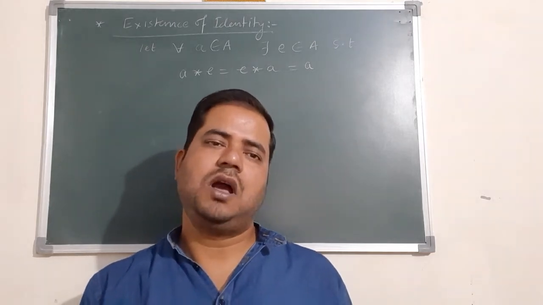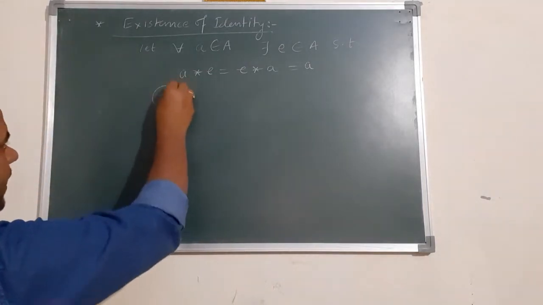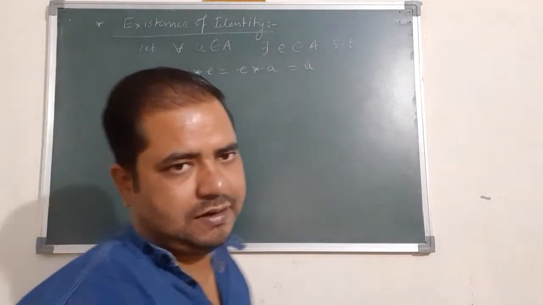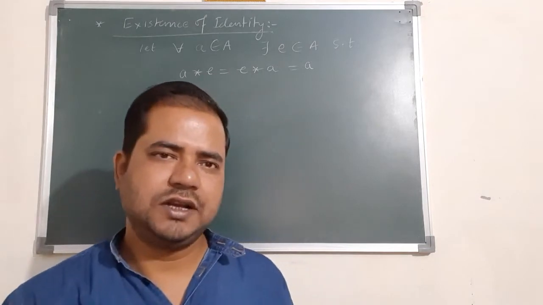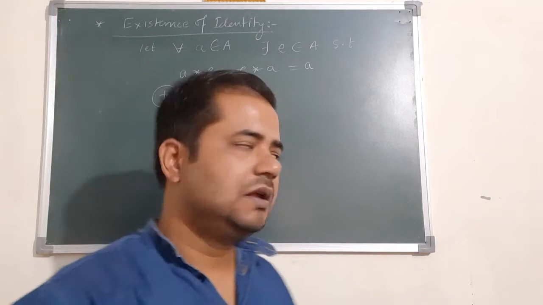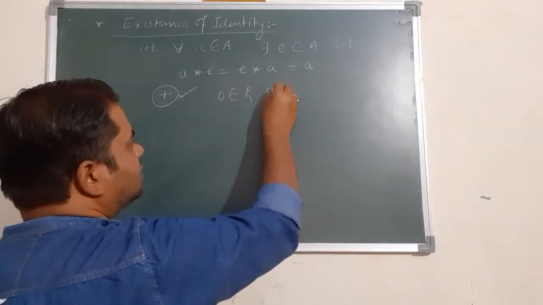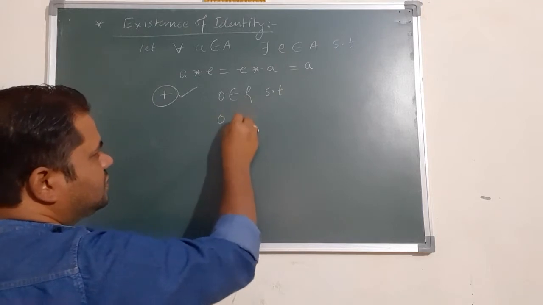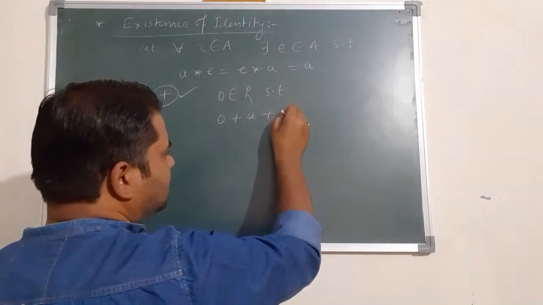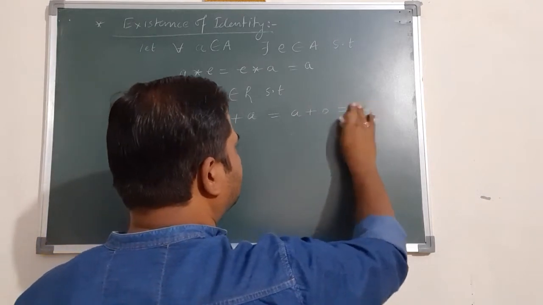Suppose you are given the binary operation plus. For addition, what is the identity? This is also known as the additive identity. 0 belongs to real numbers such that 0 plus a equals a plus 0, which equals a.